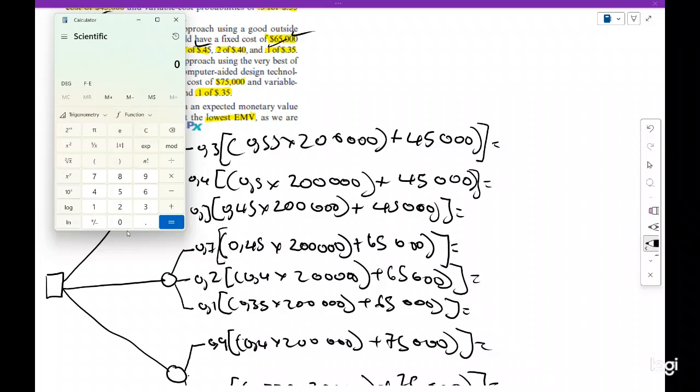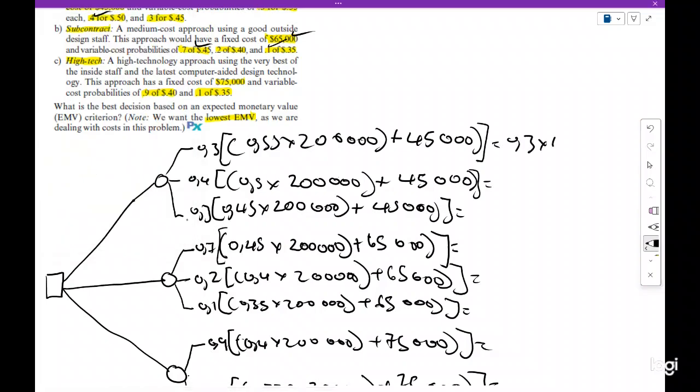Something's wrong with it. 0.55 multiplied by 200 now equals to plus 45. 0.55 multiplied by 200 now. Right. Okay, plus 45,000.